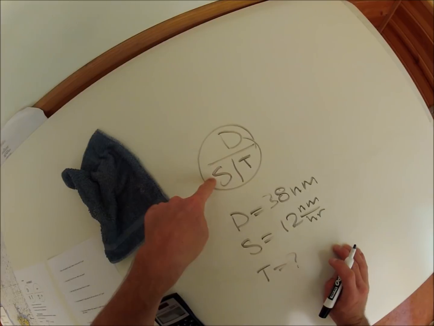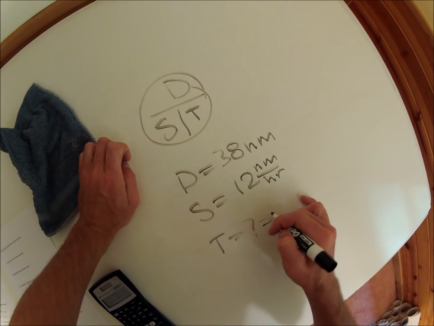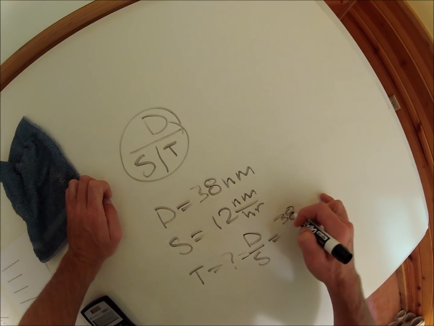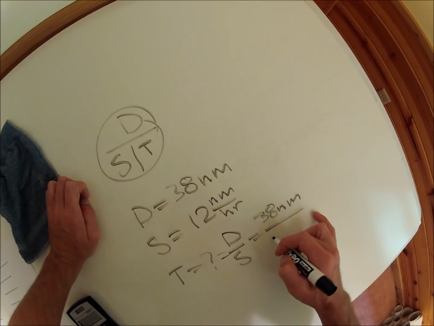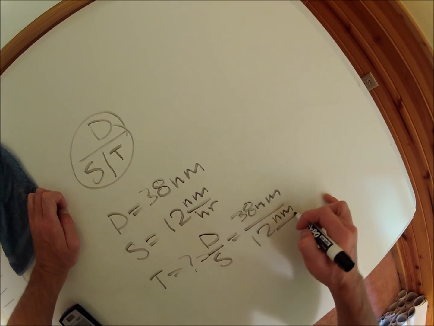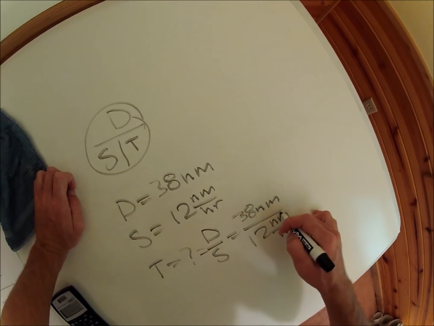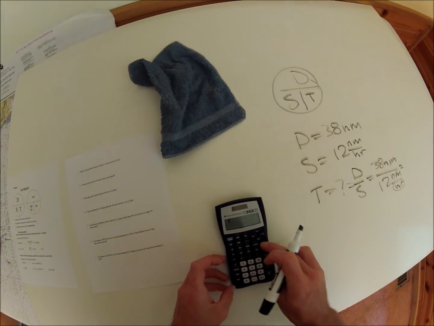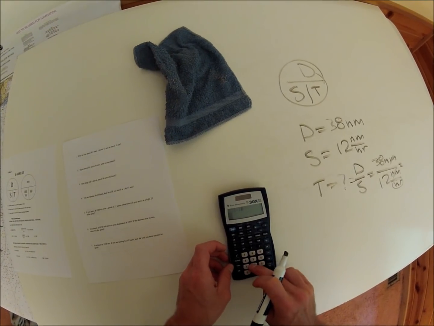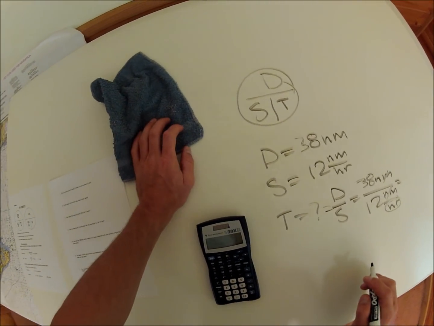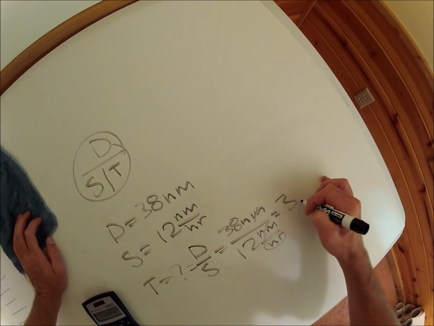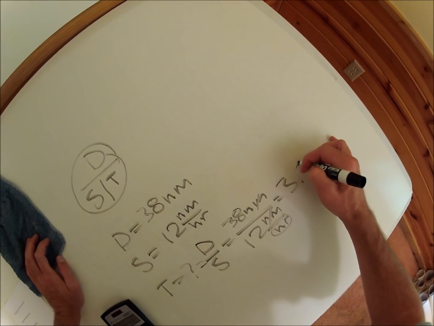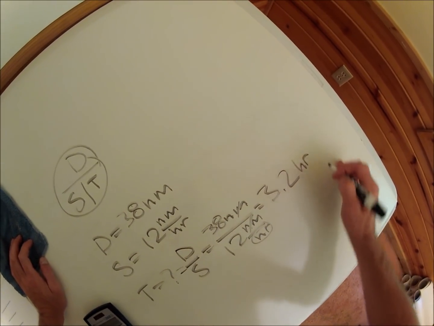Time is equal to distance over speed, which is 38 nautical miles divided by 12 nautical miles per hour. Turns out these cancel and you're left with hours. 38 divided by 12 equals 3.16 repeating, which is 3.2 hours.